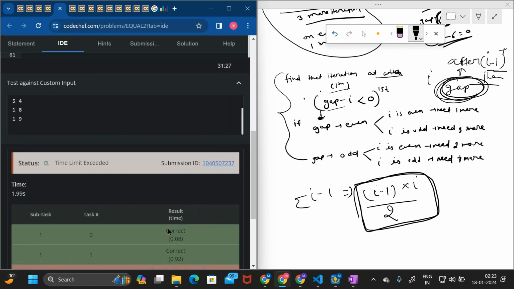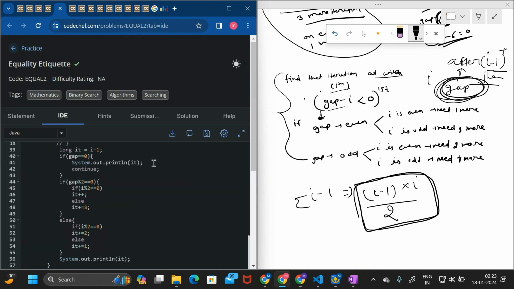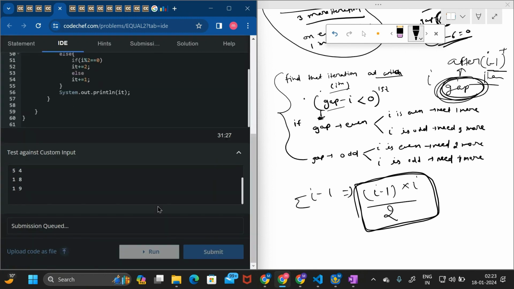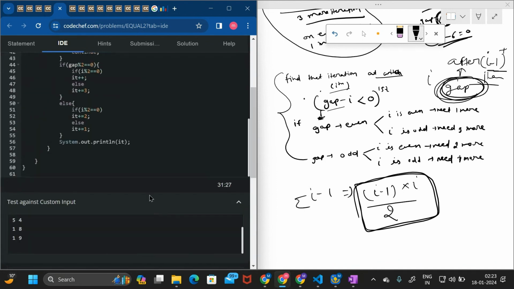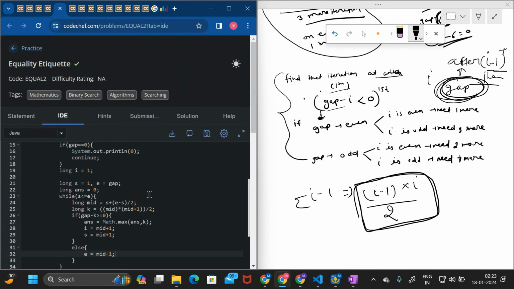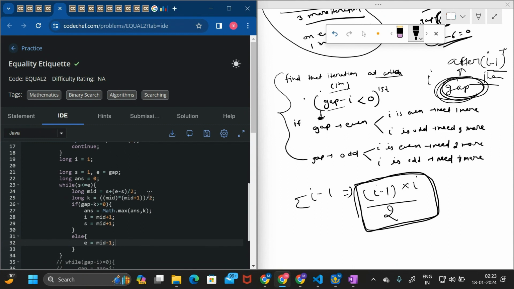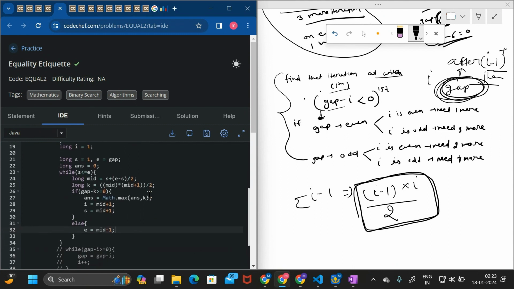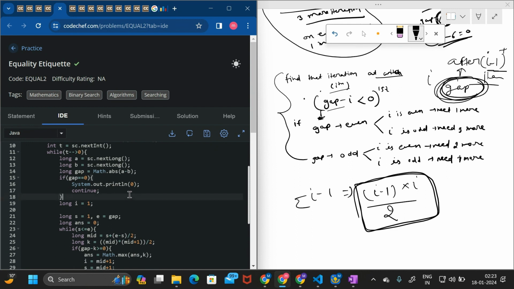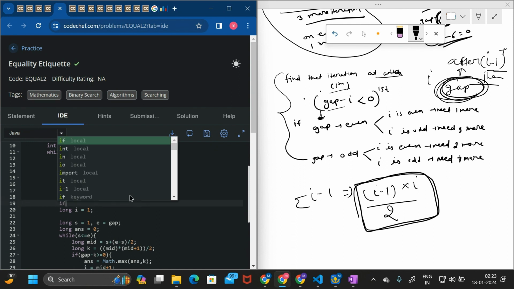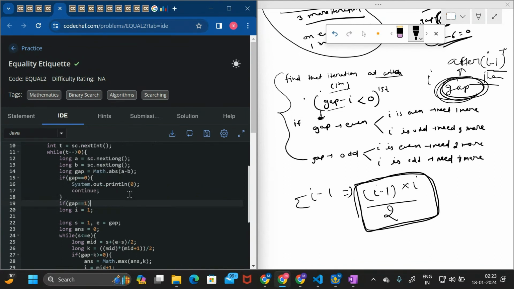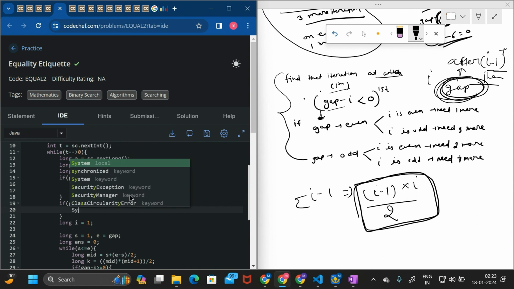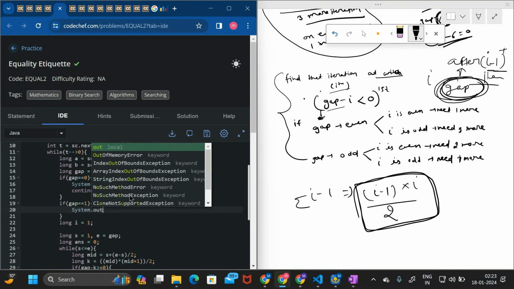Okay, now let's run this code. Okay, so we can here simply make a condition, if our gap is equal to 1, then we can simply say that our output is 1.